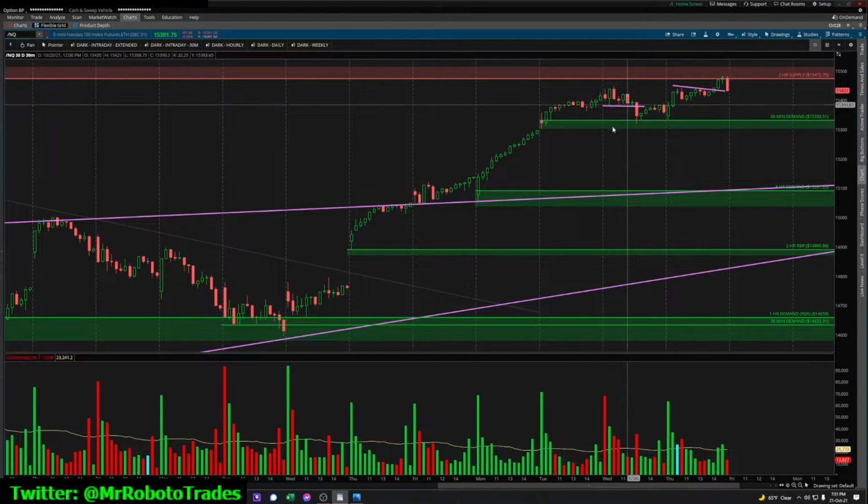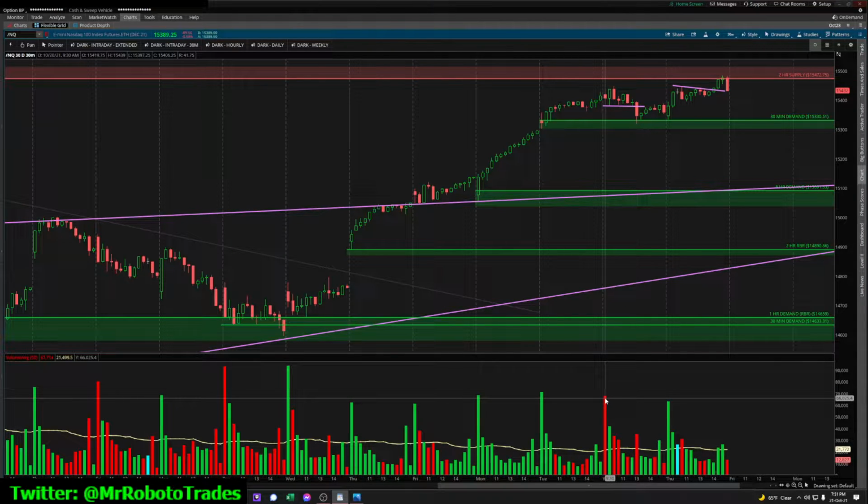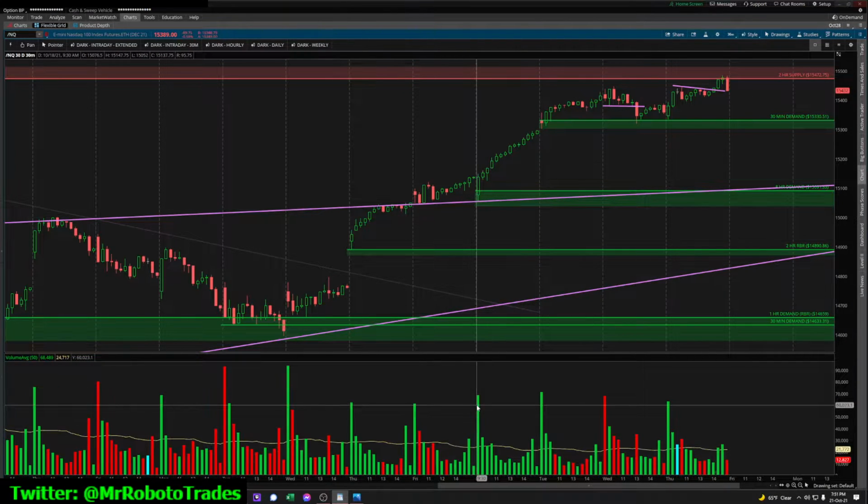But as you can see, the volume on Wednesday had considerable selling volume. In the prior days, the first 30-minute candle had good buying volume, and in all of those days the price went up. So the first 30 minutes sets the tone a little bit for QQQ, at least recently.